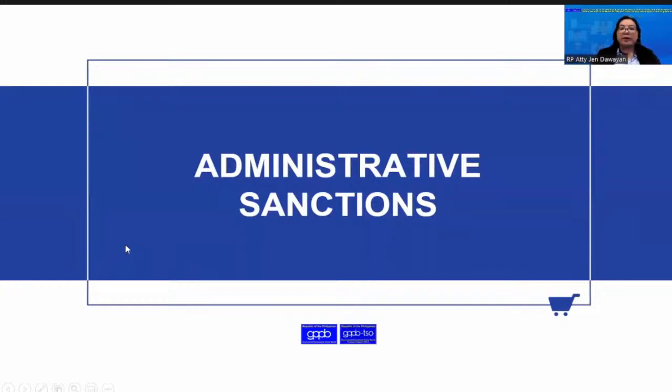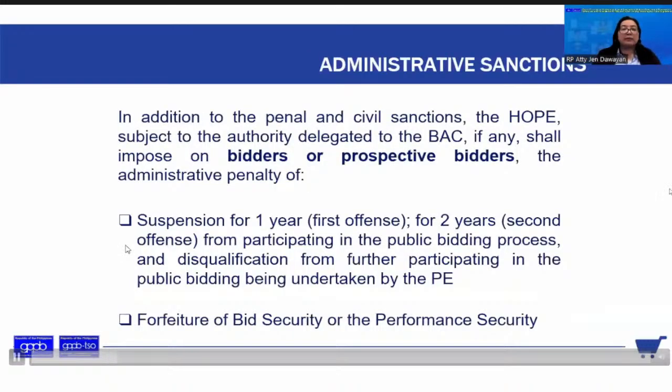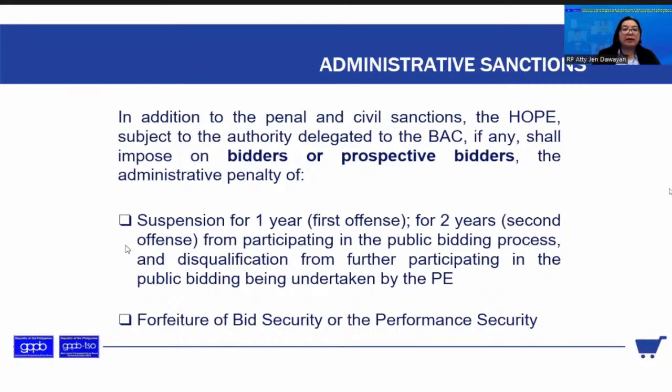So, ano naman po yung administrative sanctions? Administrative sanctions naman, of course, this is in addition to civil liability and penal sanctions, no? Which the HOPE, subject to the authority delegated to the BAC, shall impose, no, on bidders or prospective bidders some administrative penalty.